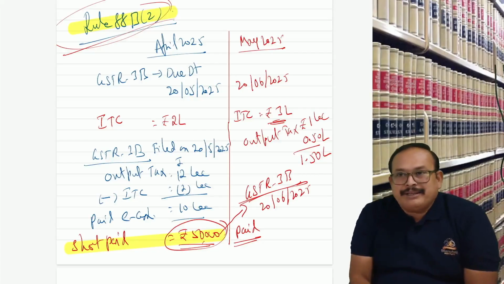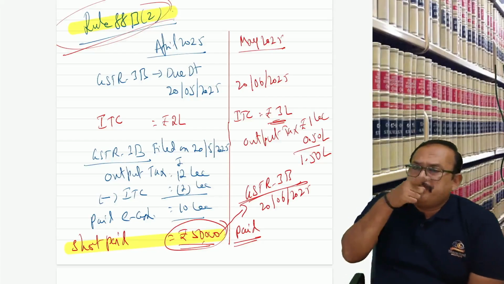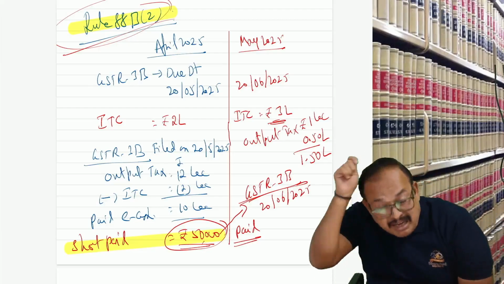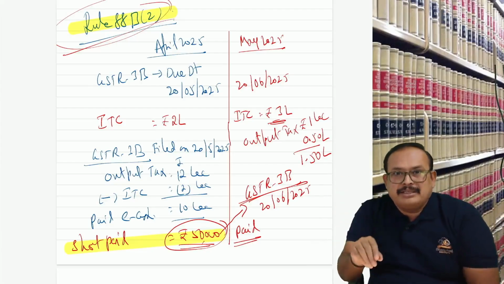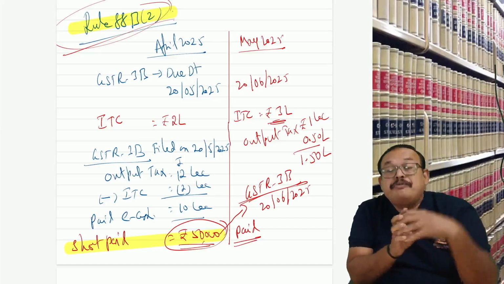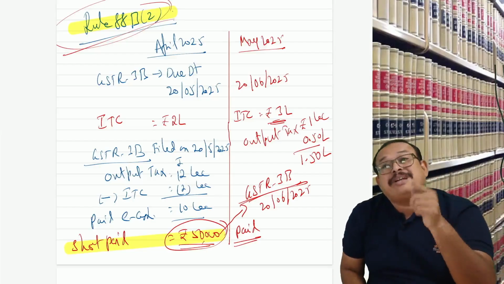But I short paid 50,000. 10 lakhs gone from 15 lakhs. Still excess electronic cash ledger how much? 5 lakhs is there. I brought to the electronic cash ledger 15 lakhs to pay 10 lakhs. I was supposed to pay 10 lakhs 50,000.